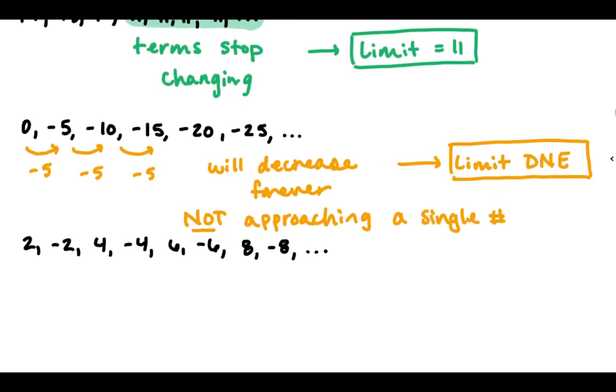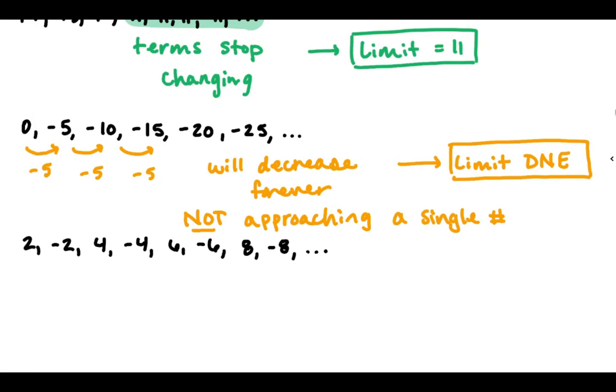2, negative 2, 4, negative 4, 6, negative 6, 8, negative 8. What's going on with this? Are we getting closer and closer to a single number? Well, it seems like we've got two things going on. We're bouncing between positive and negative. And then we're also kind of diverging from each other, right? Every other term is getting bigger and bigger and bigger, and every other term is getting more and more and more negative.